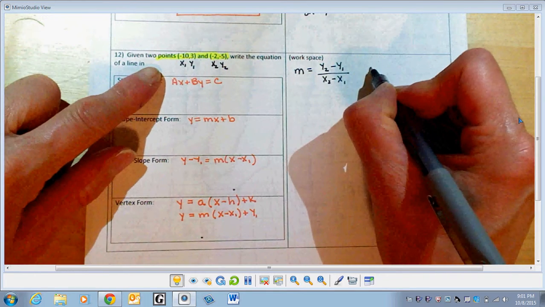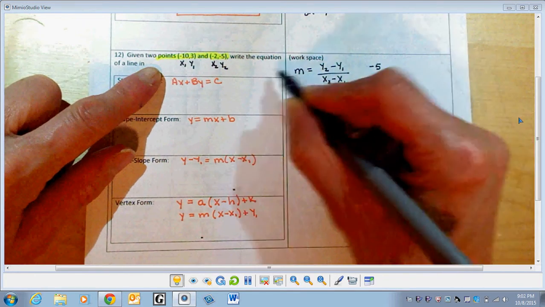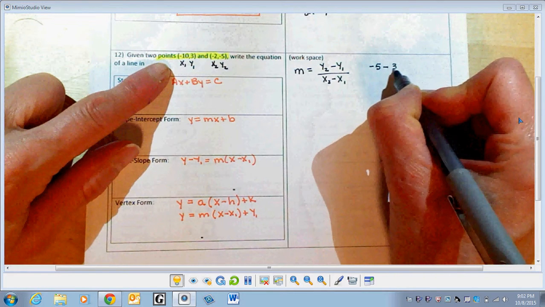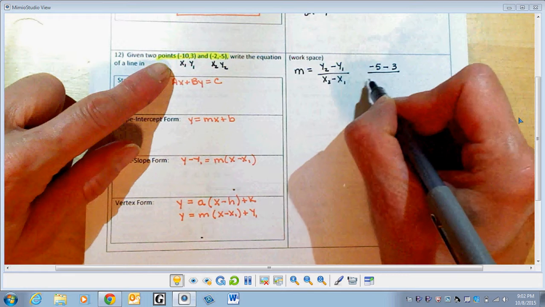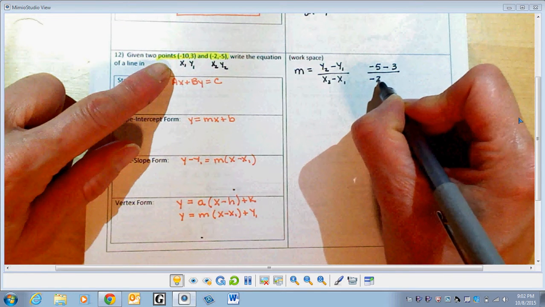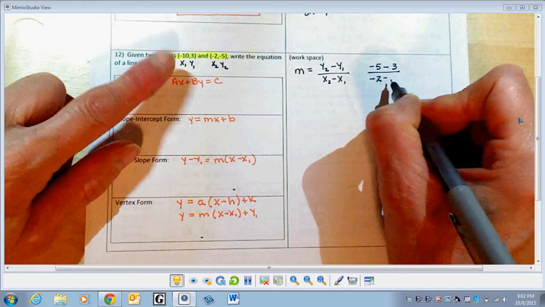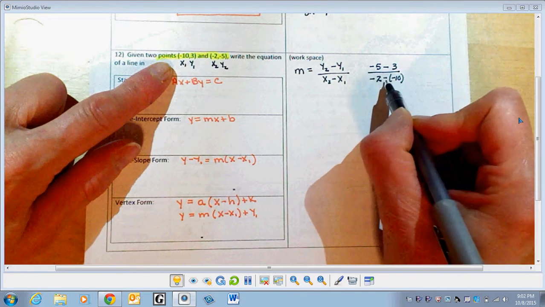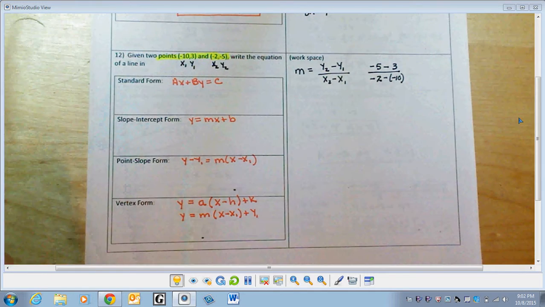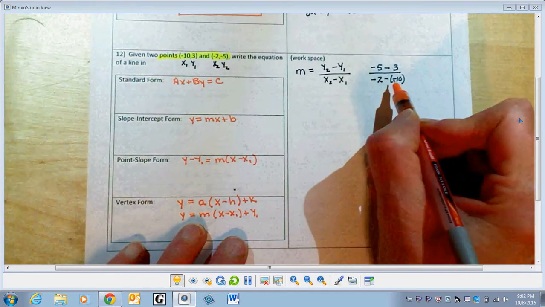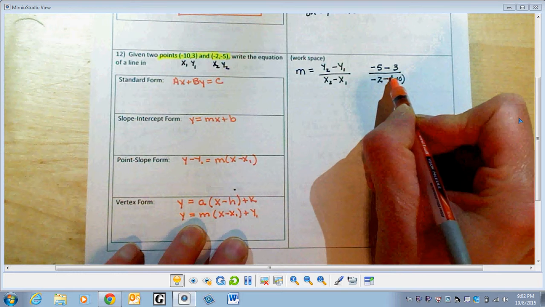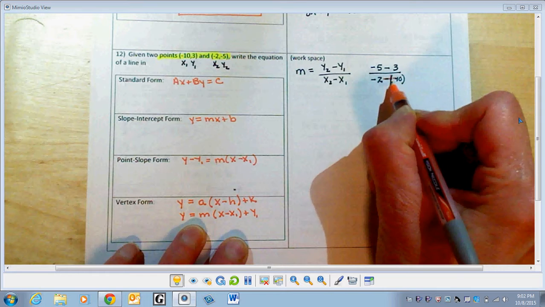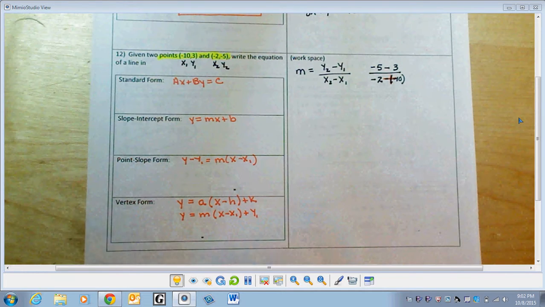So that means I'm going to have negative 5, which is my y2, minus my y1, which is 3, divided by my x2, which is negative 2, minus my x1, which is negative 10. Notice I have a minus minus. So the easiest thing to do when you see a minus minus is simply make it a plus, just like that. Just wrote right over it, made it a plus, so it's not so confusing.